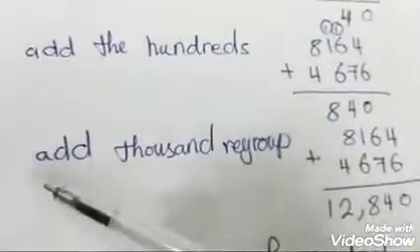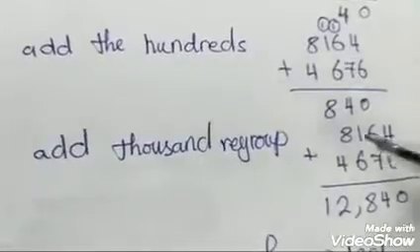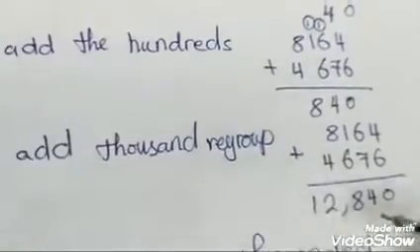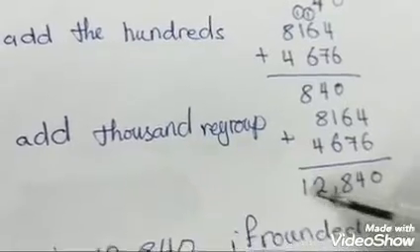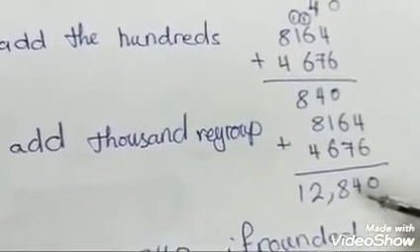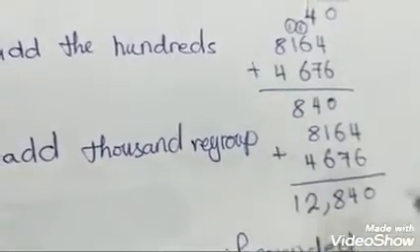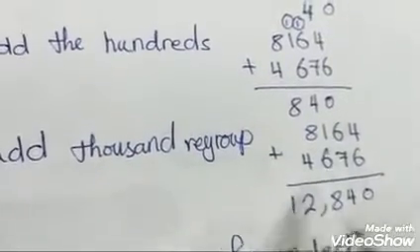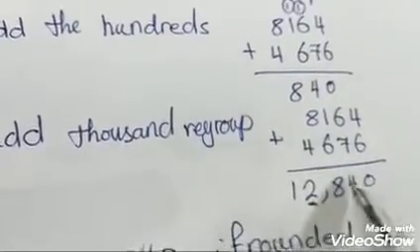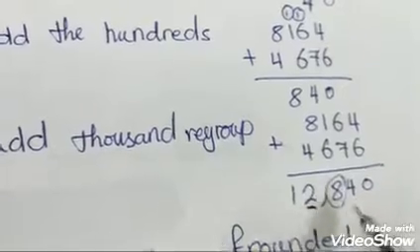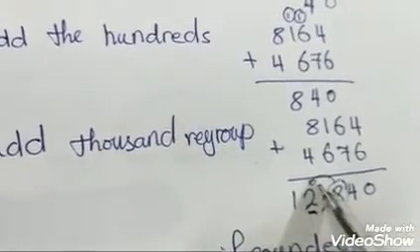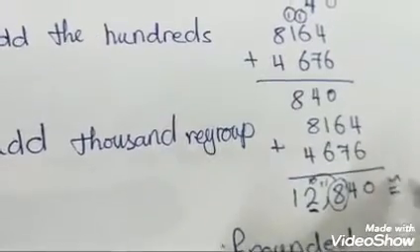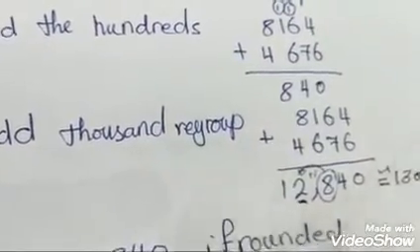Then add the thousand group. 8 plus 4 equals 12. Now the result I have is 12,840. If I want to round or approximate it to the nearest thousand, I will look at the 8. It's a rich number, so the digit of the thousands will be increased by 1, so it will be approximated to 13,000.